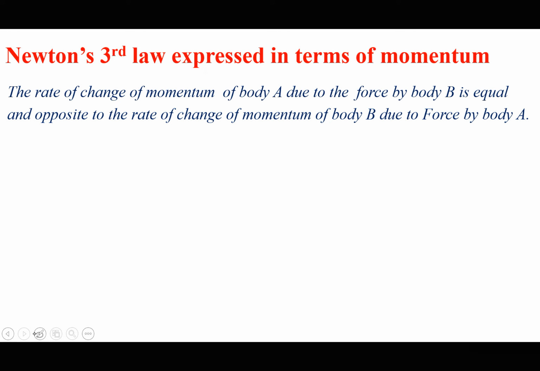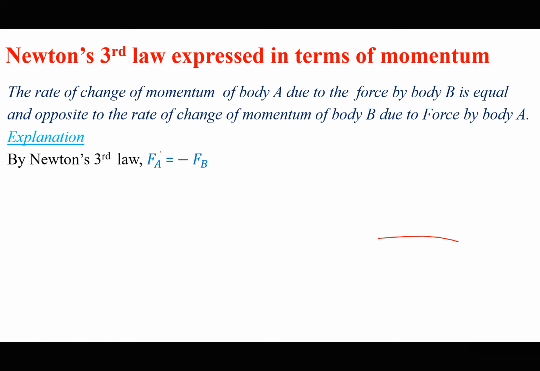To understand this mathematically, let's talk about this in terms of equations. By Newton's third law, the force on body A is equal but opposite to the force on body B, which could be represented by this equation here.